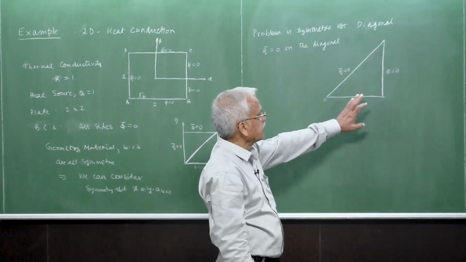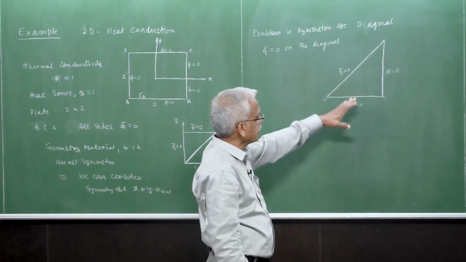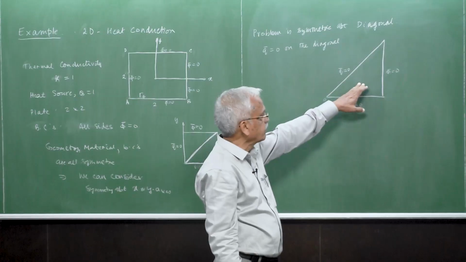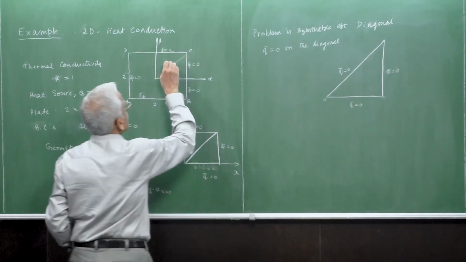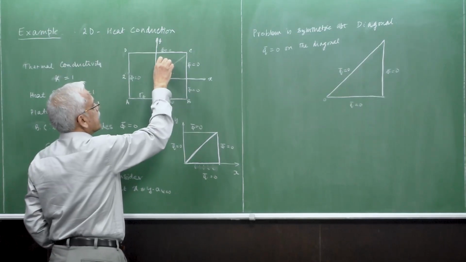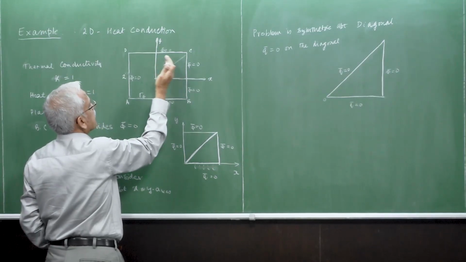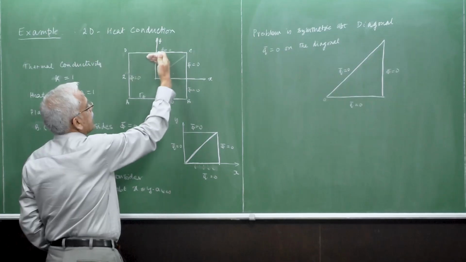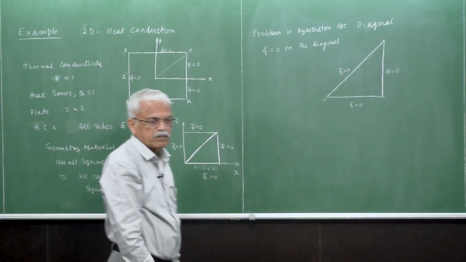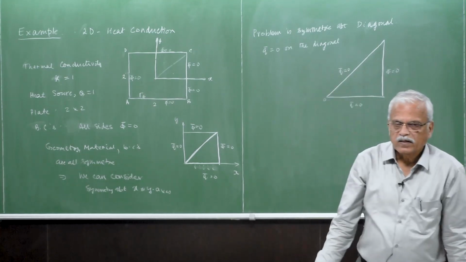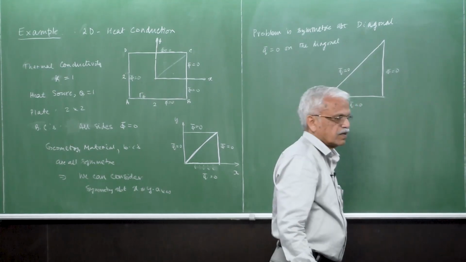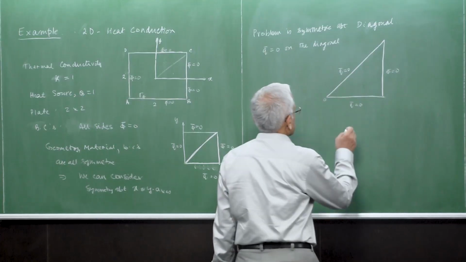So what it means is that if you can solve the temperature field for this one, then this will be symmetric, and then the whole thing can be taken as a mirror image about the x-axis. So like that, this is simplified to this extent.